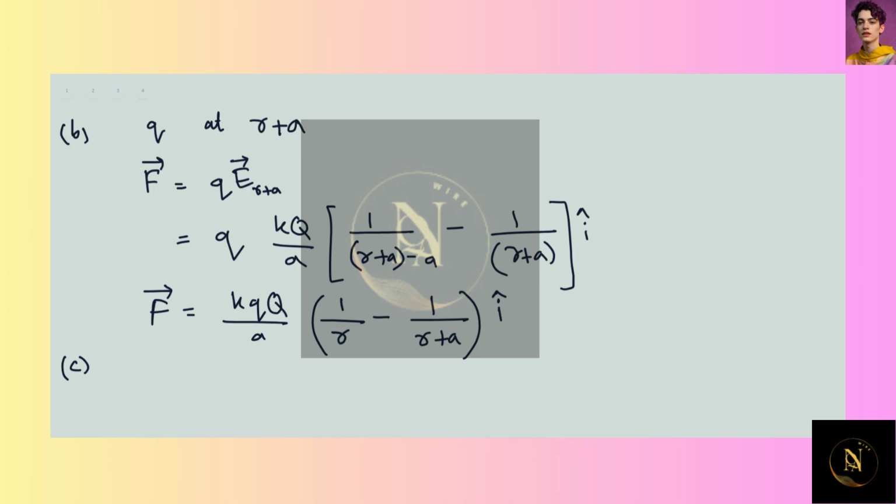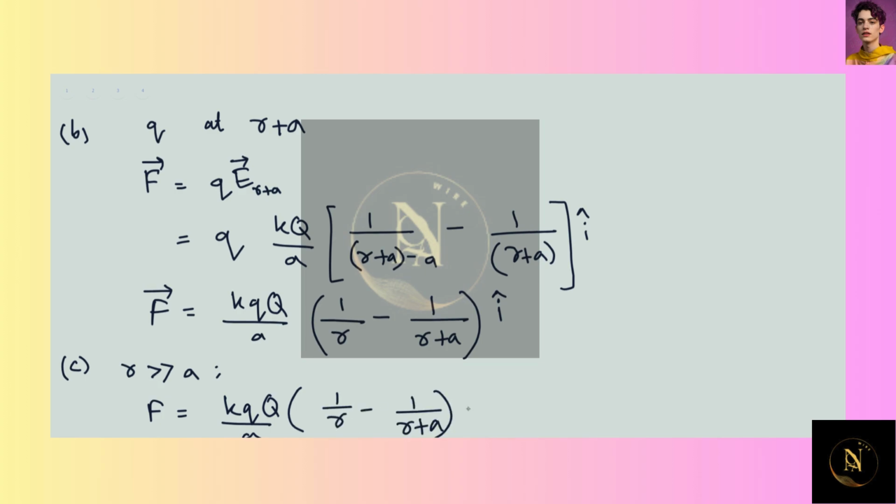In the third part, we have to find the force when the charge q is placed at a large distance from the rod, which means that r will be very, very much greater than a. We already have the expression of this force, so let's solve the magnitude of the force first. We have a times 1 over r minus 1 over r plus a.